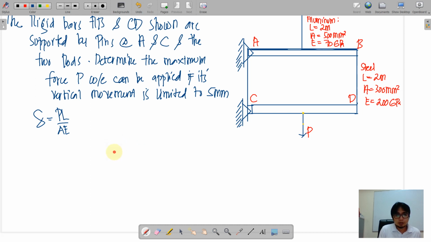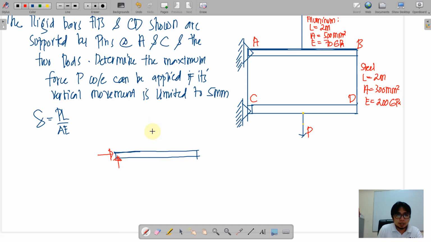Considering AB, say we have AB having a vertical and horizontal reaction, and obviously the horizontal has no value because there is no horizontal force here.